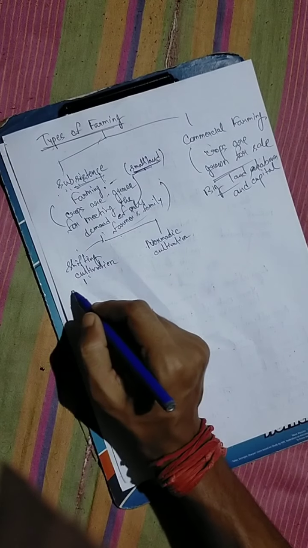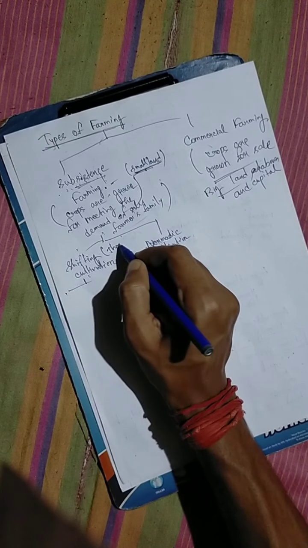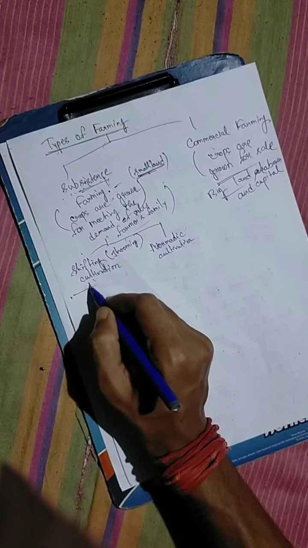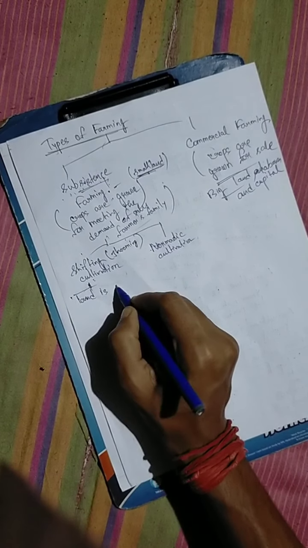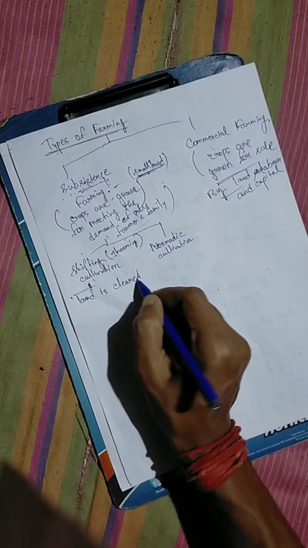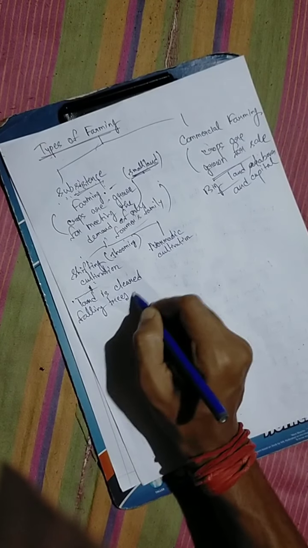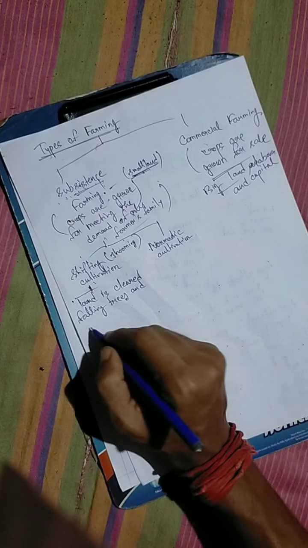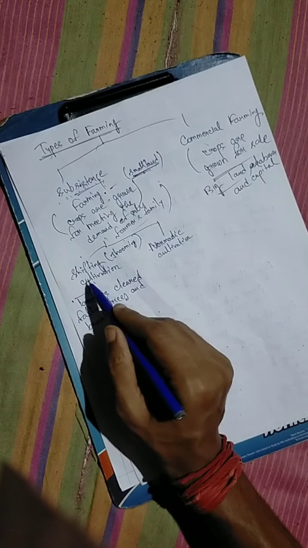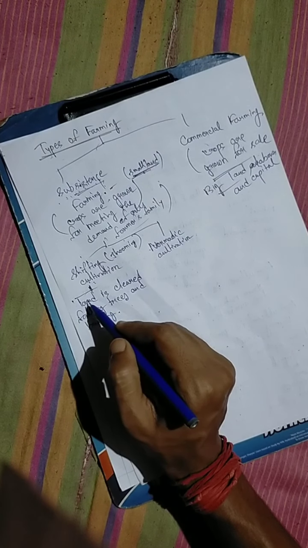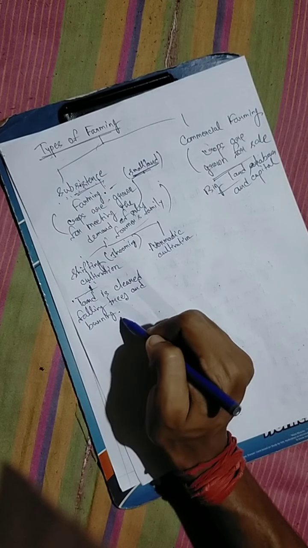So shifting cultivation, in our country, is known as jhuming. Here land is cleared by felling trees and burning them.